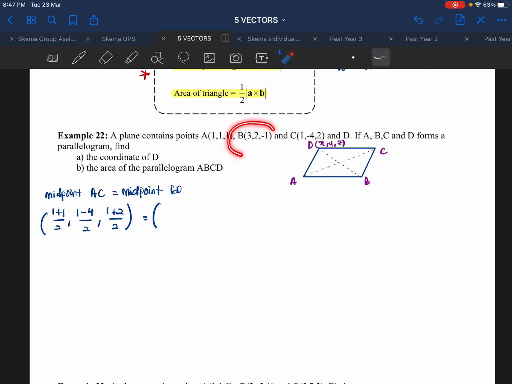Okay. Which is untuk midpoint BD pula. B kita ada, D kita akan gunakan X, Y, Z kita. So, kita akan ada 3 plus x over 2, and then 2 plus y over 2, and then negative 1 plus z over 2. Okay.